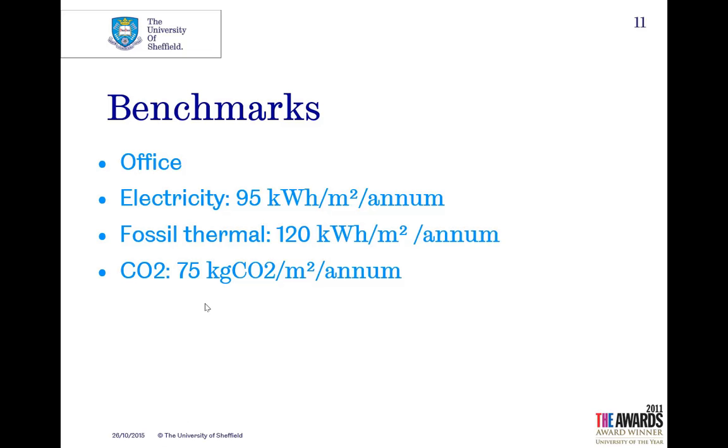And in terms of carbon emissions, a benchmark figure is 75 kilograms of CO2 per square metre per annum. So those are a few examples. And those are the similar figures for a school. I'm not going to read all of those out, but aiming slightly higher, aiming to perform better in terms of carbon dioxide.